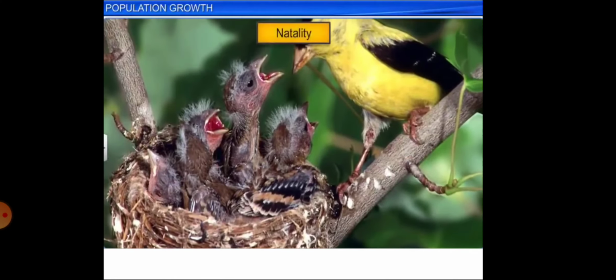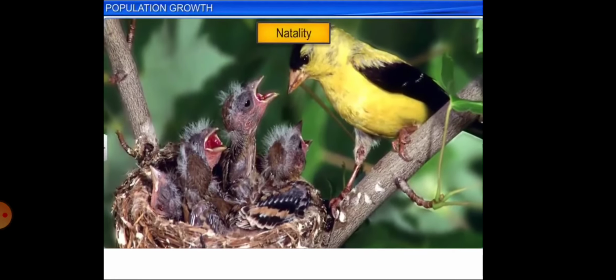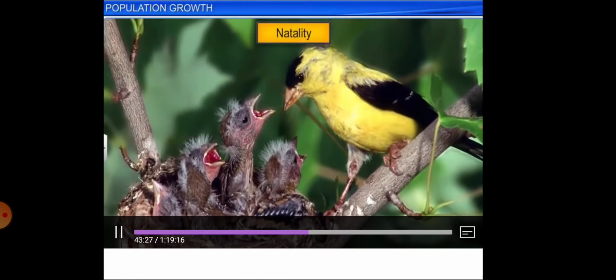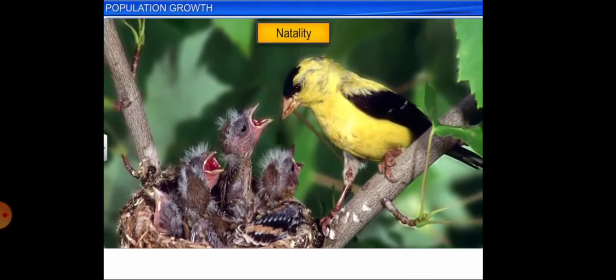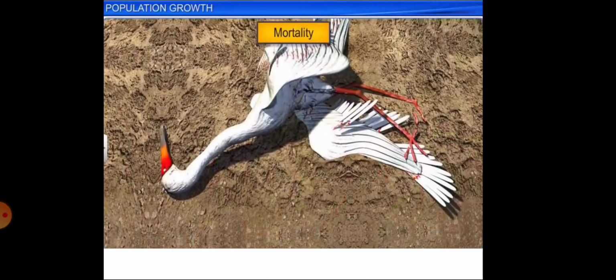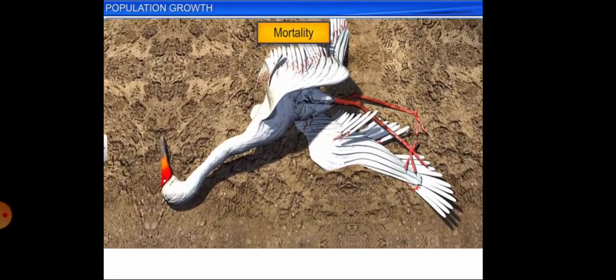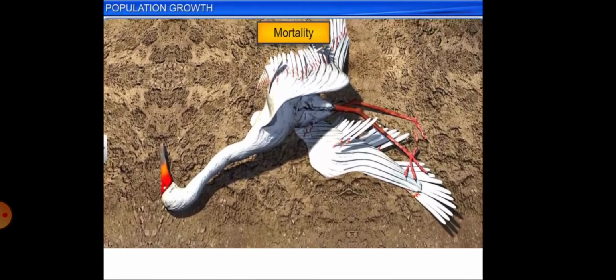Natality is the number of births in the population that are added to the initial density during a given period, while mortality is the number of deaths in the population during a given period.